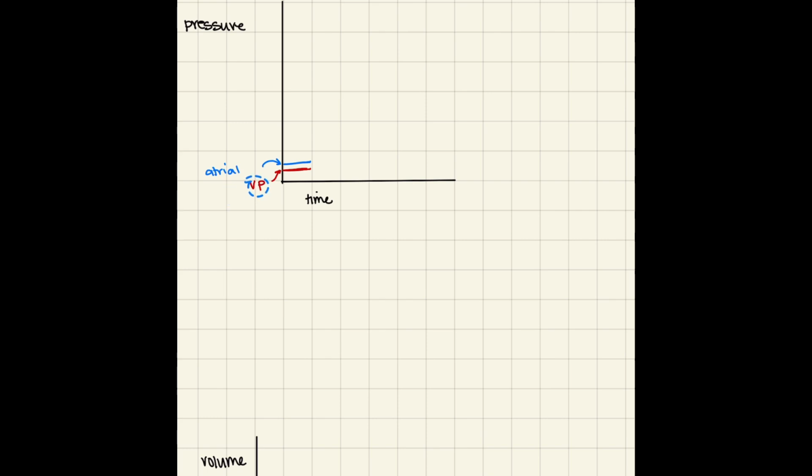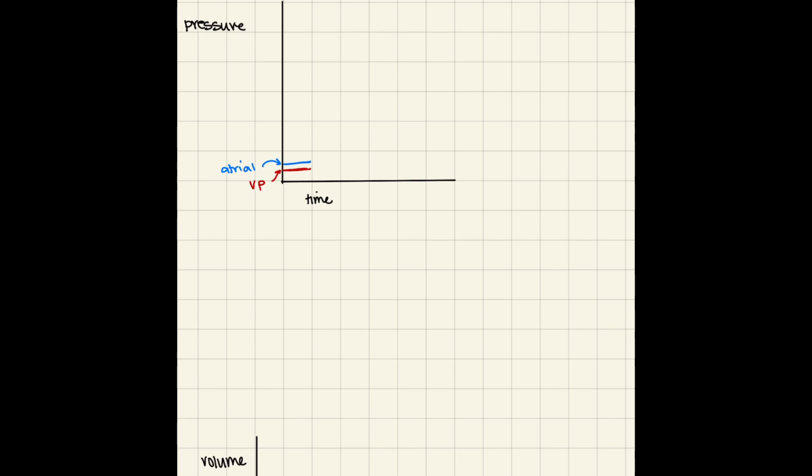And since the atrial pressure is higher than the ventricular pressure, the mitral valve, or the atrioventricular valve, or whatever you want to call it, is going to be open because the pressure in the atria is higher than the pressure in the ventricles.